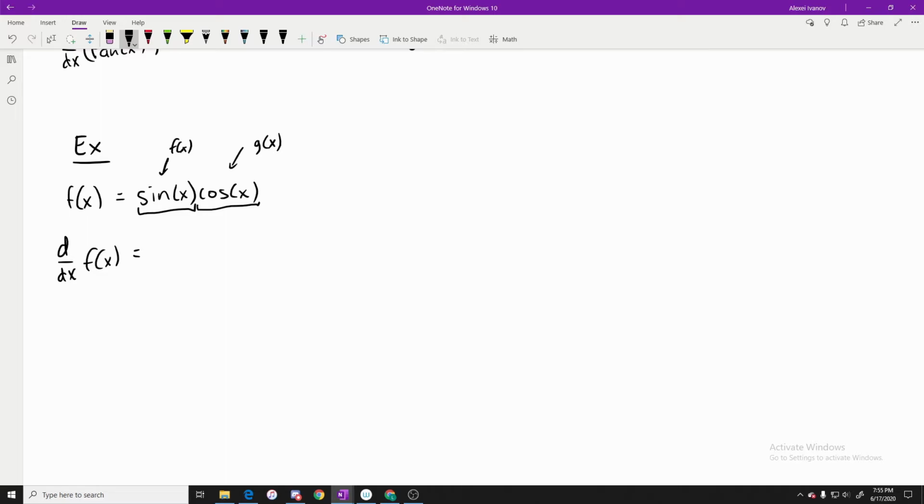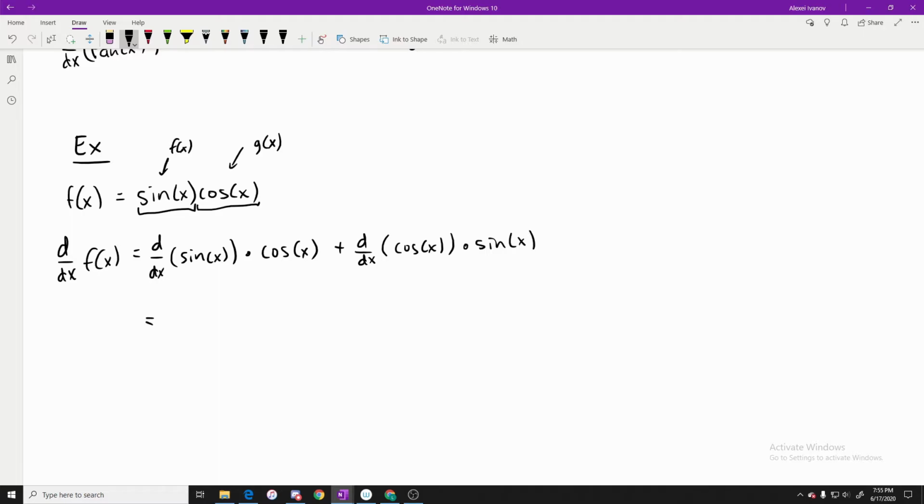So first we want to take the derivative of f of x, which happens to be sine x. We're going to multiply this by just cos x, so g of x. Then we can add on the derivative of g of x, which is cos x, and multiply this by sine of x, which is f of x.